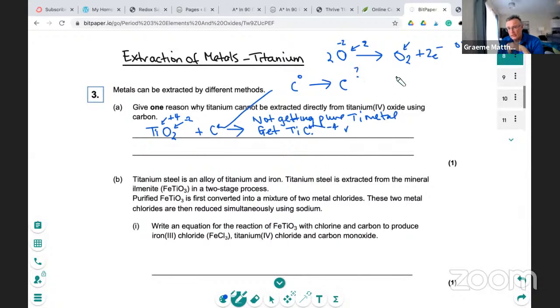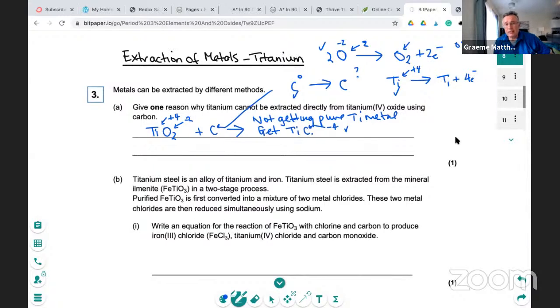And then we're saying that the titanium right here in the +4 state we're hoping to go down to titanium metal and 4 electrons. But the problem is that you've got 3 things present. You've got the oxygen half reaction, the titanium half reaction, and the carbon half reaction. And so there's too many half reactions.